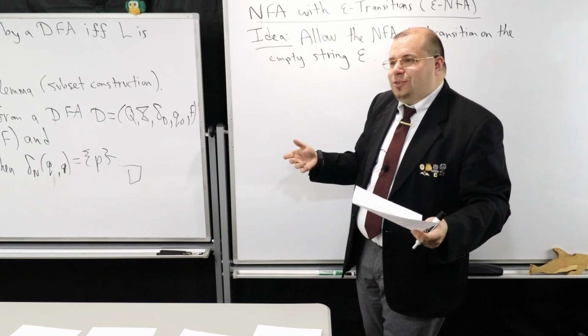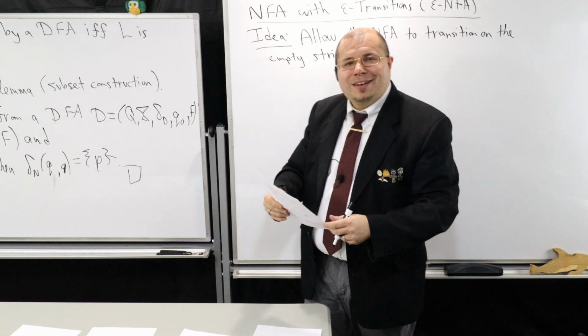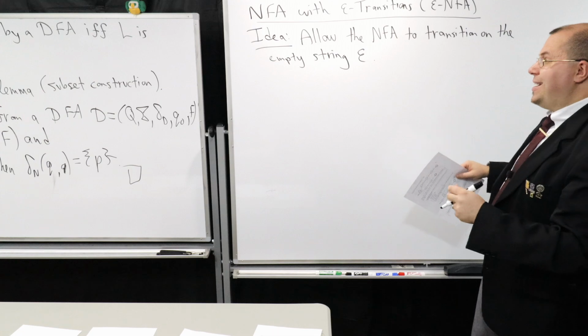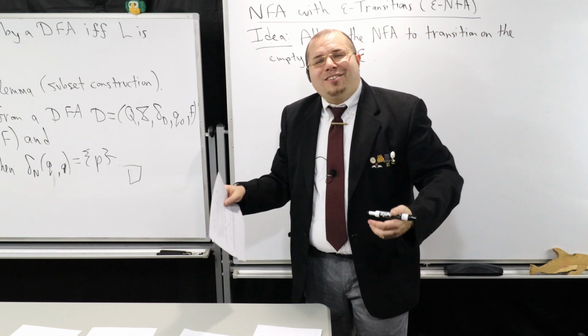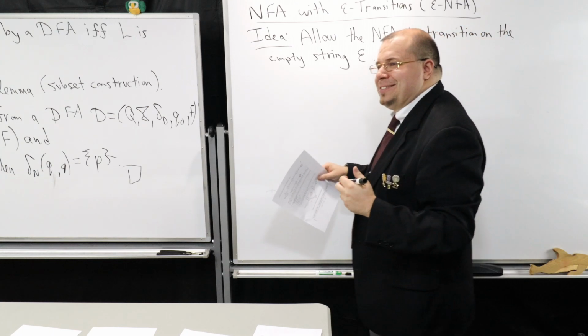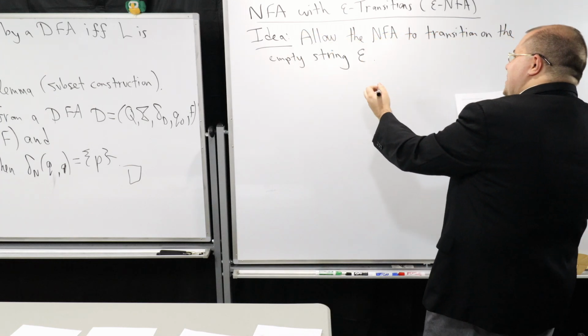Do I have to even read a symbol? Yes or no? No, right? I don't have to read a symbol anymore. I could get spontaneous ability to move from a state to another state, which is very interesting if you think about it.